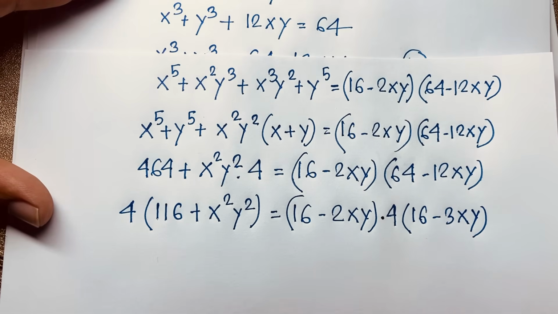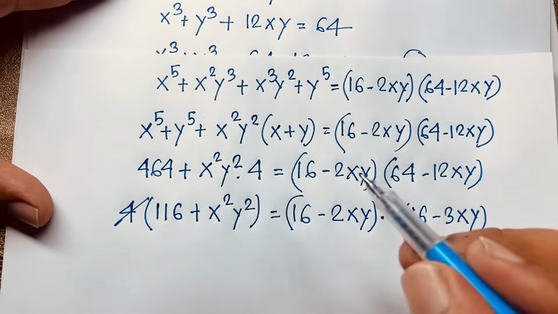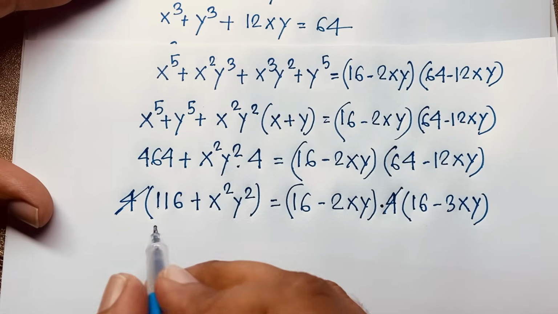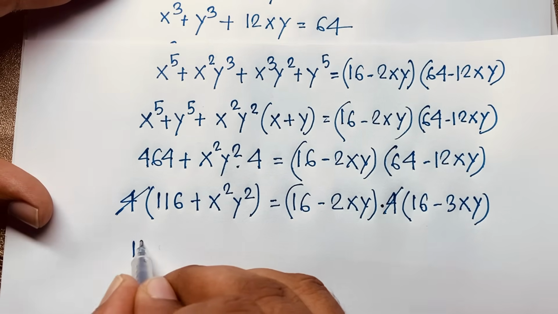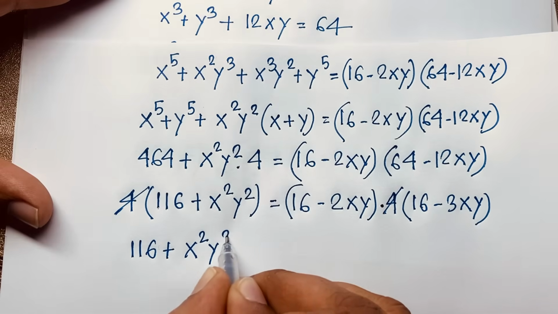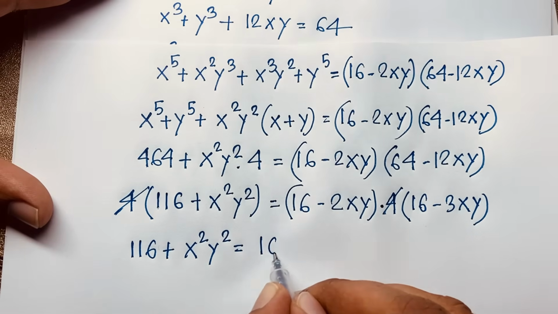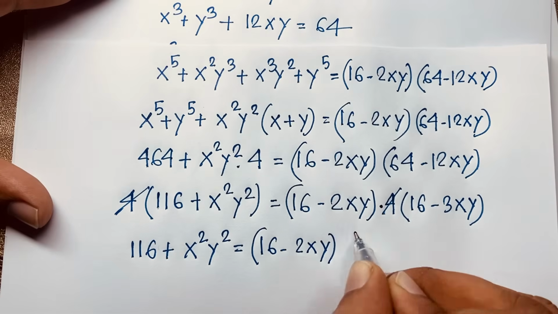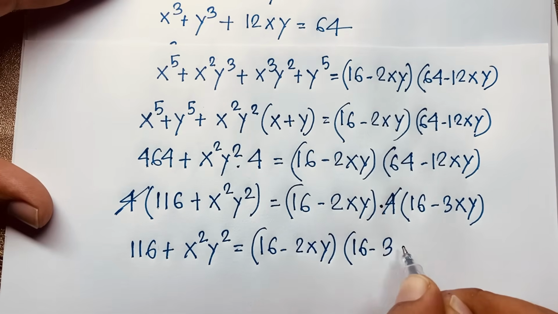Now if I divide both sides by 4, this 4 and this 4 cancel out. So we find a nice equation: 116 plus x squared plus y squared is equal to 16 minus 2xy times 16 minus 3xy.